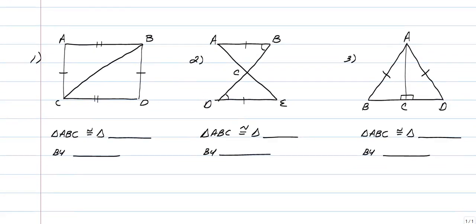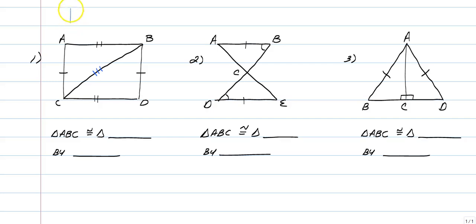What I want you to do is think about what can be marked without actually having it marked already. And I'll lead you through the first one. So anytime you have the side that is being shared by 2 triangles, you can put marks on it because that's going to be congruent because it's in both.